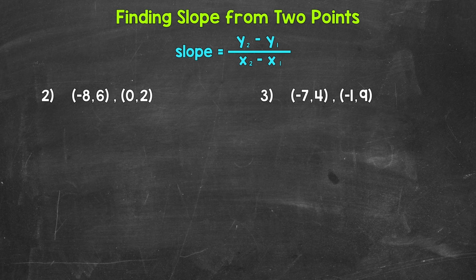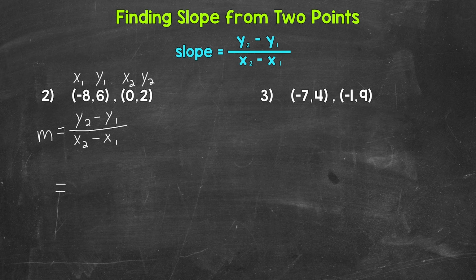So slope equals y2 minus y1 over x2 minus x1. Let's make negative 8 x1 and 6 y1. Then 0 x2 and 2 y2. Now we can plug in.